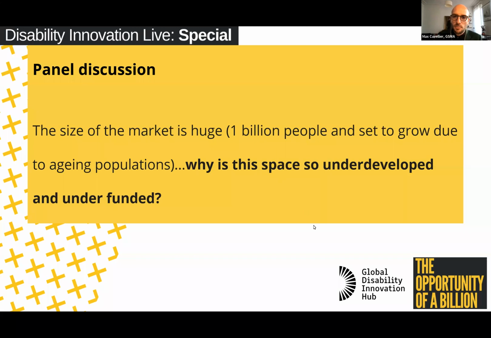I work for GSMA Mobile for Development, and one of our activities is to support the assistive tech space with support from FCDO UK. I think this is a great question, and there's actually a step before looking at the size of the market, which is the fact that there's first a mobile disability gap to be overcome.